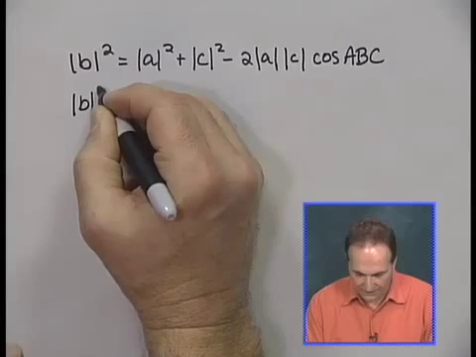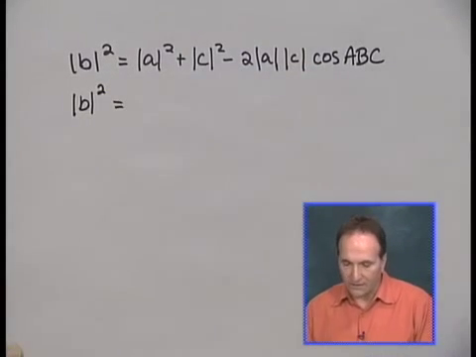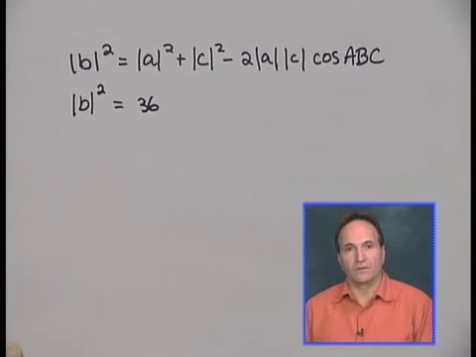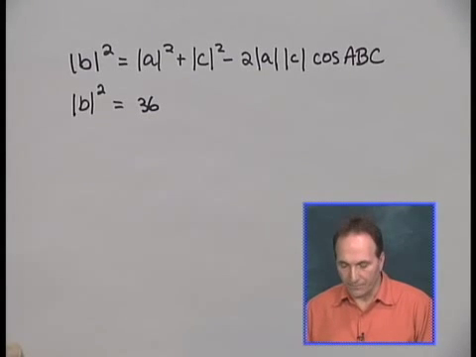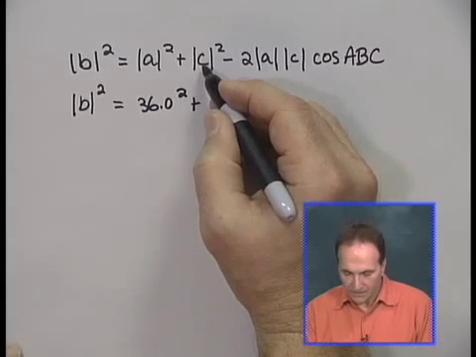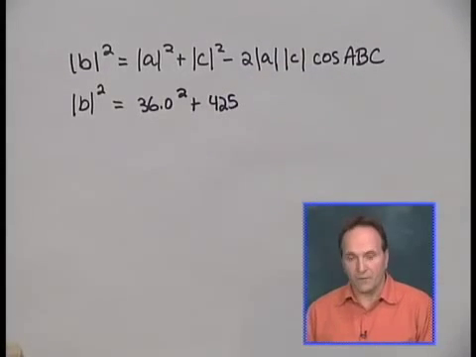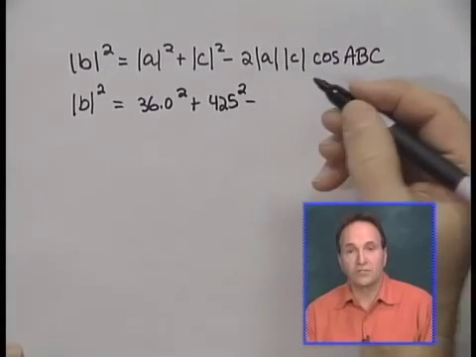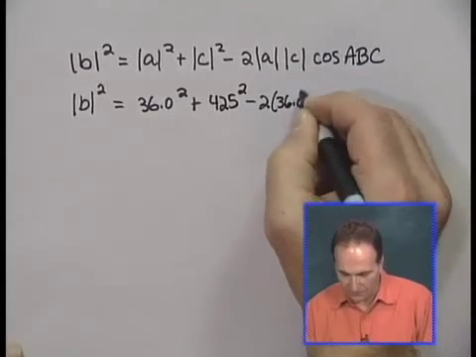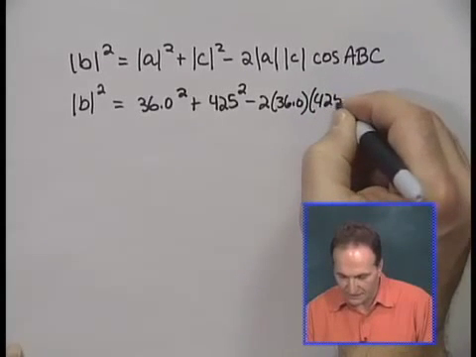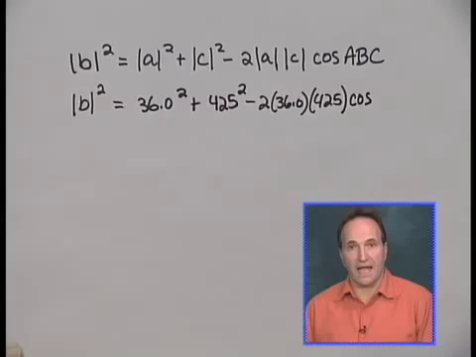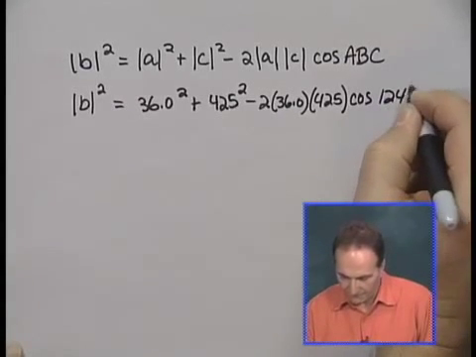Of course we're trying to find the length of B, so that remains the same, and that's equal to the quantity of A, which is 36, that's the speed of the wind, and that we have to square, plus C, the vector C, which is 425, and again we have to square that, minus 2 times the absolute value of A, which of course is 36.0, times the absolute value of C, the 425, then times the cosine of the angle ABC, which is 124 degrees.